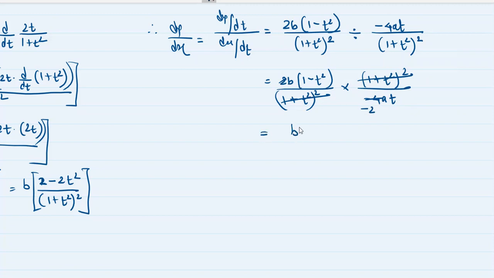So we get 1 minus t square upon minus 2at. This is dy by dx.